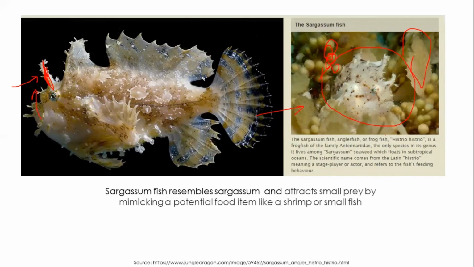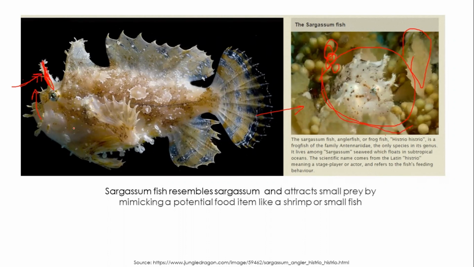They have a bioluminescent light at the top of the esca, which attracts the prey, and then the anglerfish attacks the prey. Similarly, this sargassum fish, first, has the ability to hide in its habitat, and second, based on the esca, it attracts the prey and then feeds on them, right?